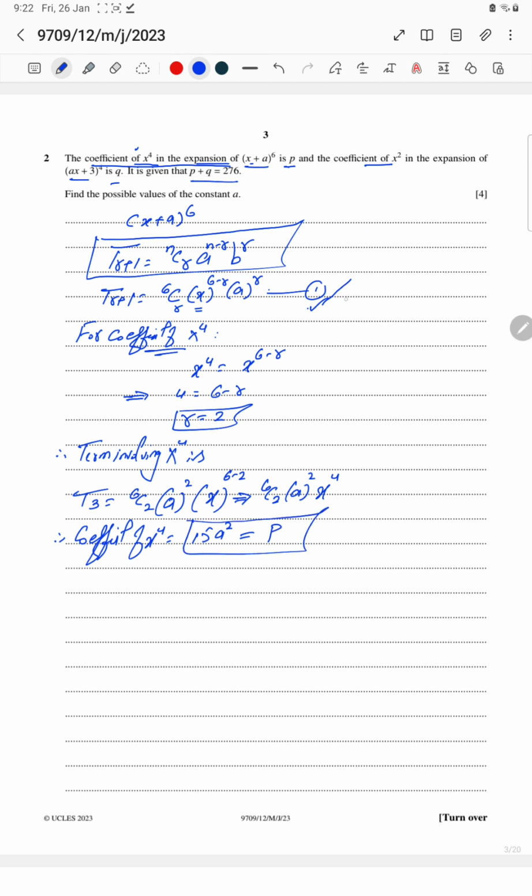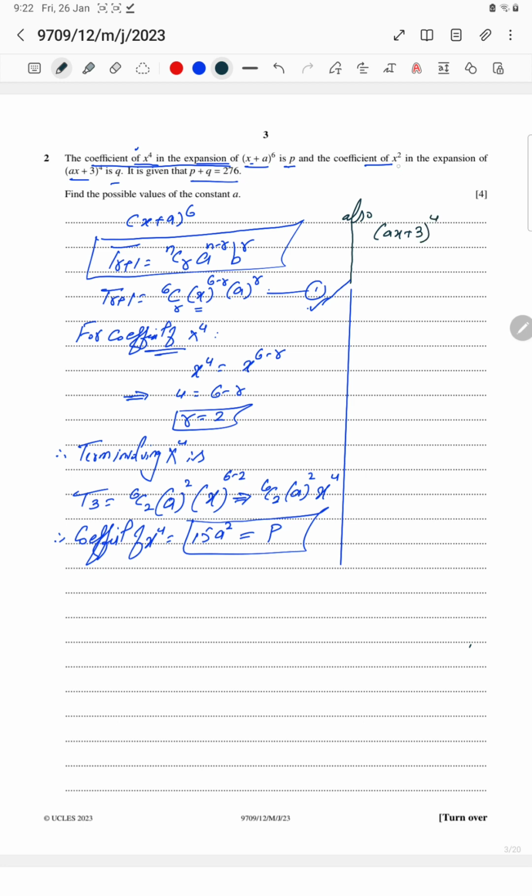Similarly, here we use the second expansion. It's given that the coefficient of x squared in the expansion of (ax plus 3) to the power 4 is equal to q.